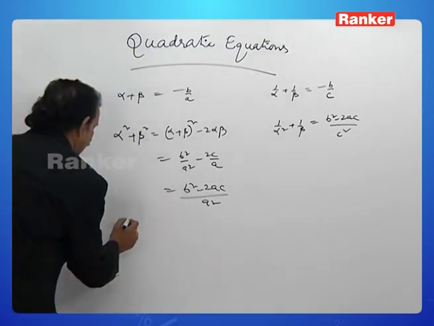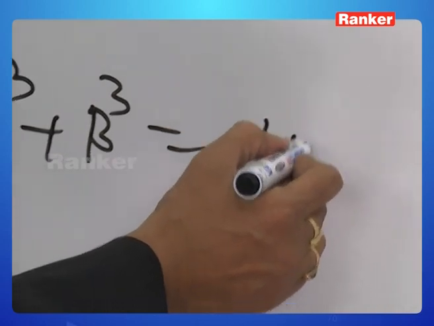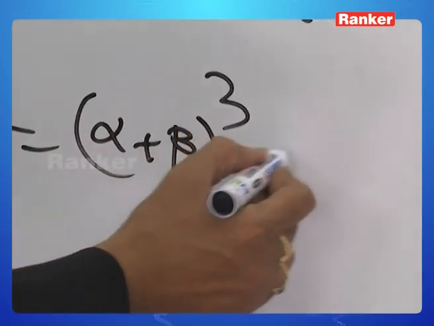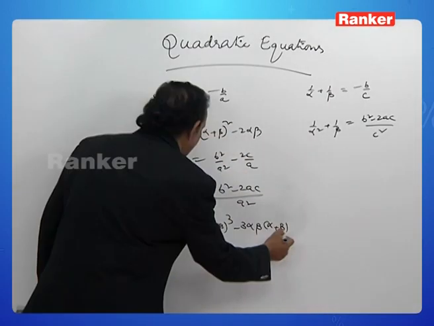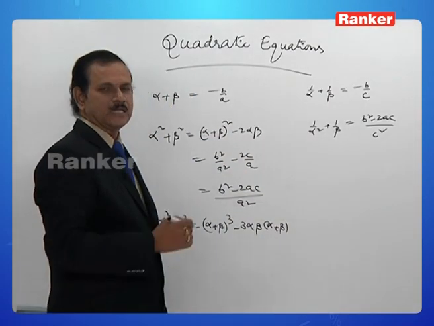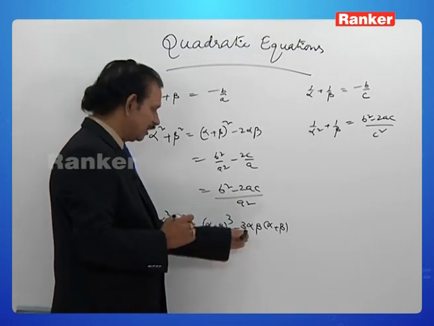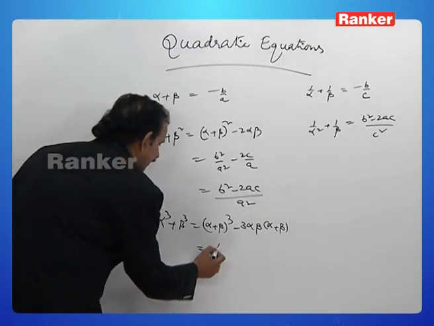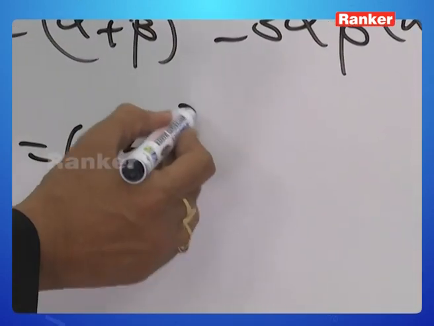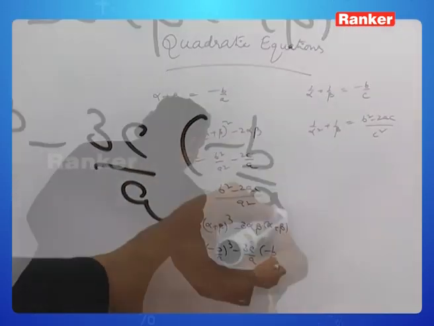One more thing, alpha cube plus beta cube. How can you get this? This is nothing but alpha plus beta whole cube minus 3 alpha beta into alpha plus beta, from the earlier identities. What is alpha plus beta? Minus b by a whole cube minus 3c by a into minus b by a.